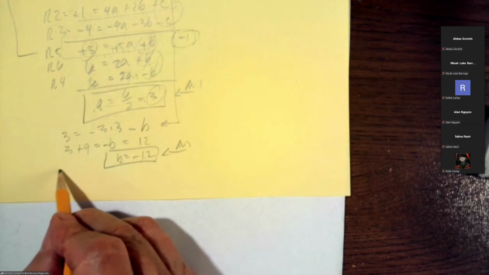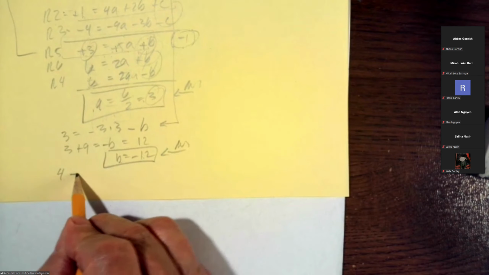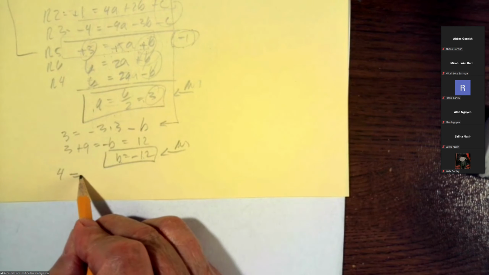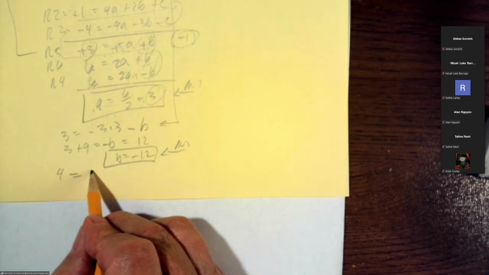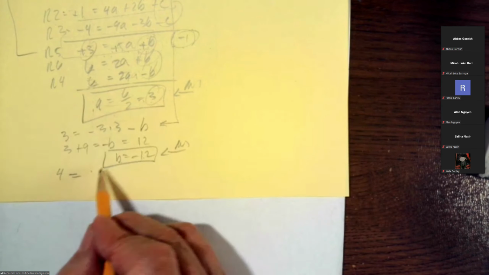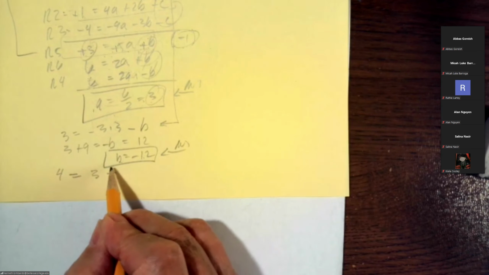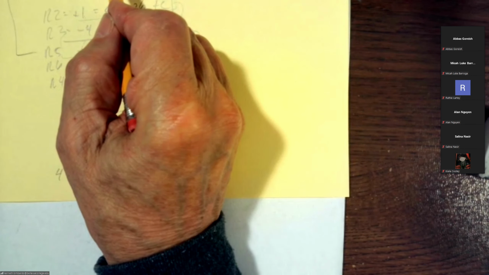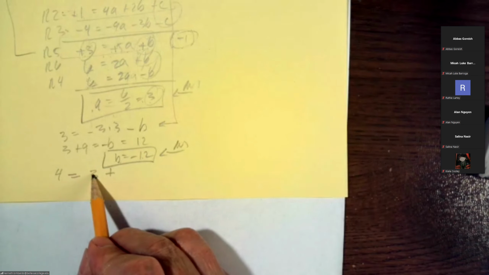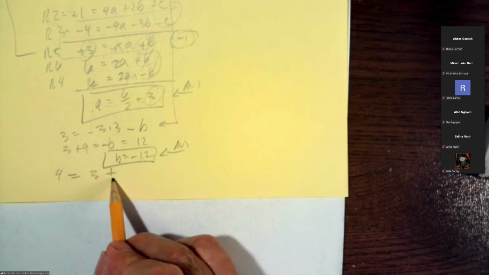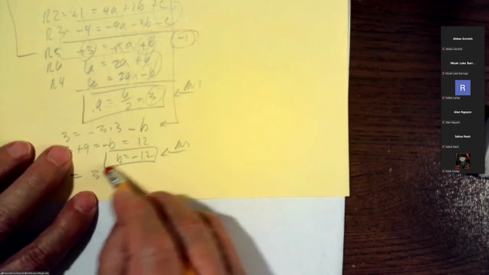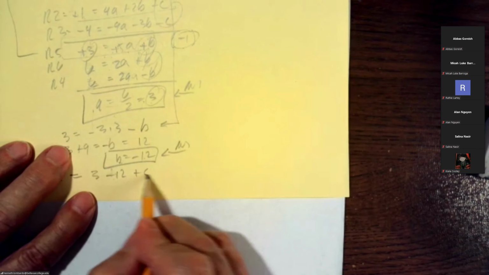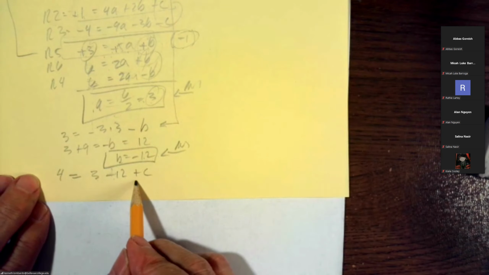So first equation, let's see, A, which is 3. Equation 4, no, equation 1. We're back up here. So we're going to say 4 equals A plus B plus C. So 4 equals A, which is 3, plus B, which is -12, plus C. I just solve for C.